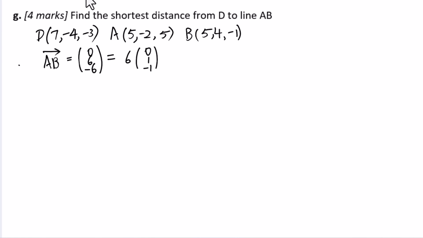G. Find the shortest distance from D to line AB. We already figured out vector AB. Let's draw this diagram: D, A, this is B. Then we can form this triangle.